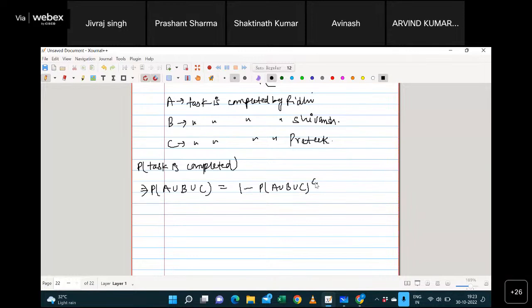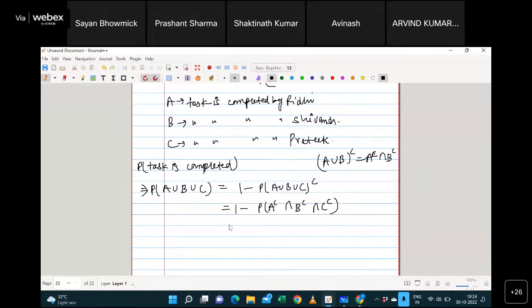In the last session, I told you that if (A union B) complement is there, that means A complement intersection B complement. So I can write 1 minus probability of A complement intersection B complement intersection C complement.